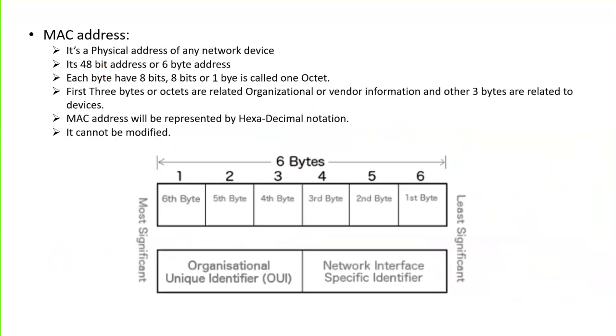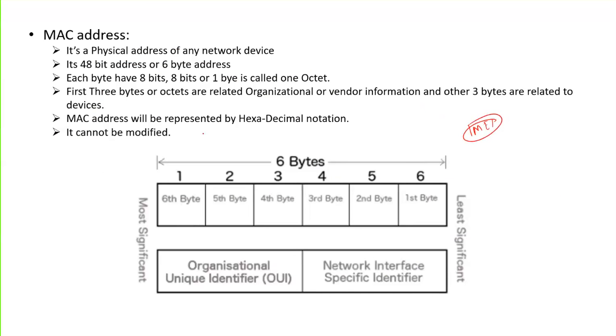Consider the MAC address. MAC stands for media access control. So what is a MAC address? If you look at your mobile, you have an IMEI number, some physical address, for each SIM, right? So the physical address of any device is called a MAC address.